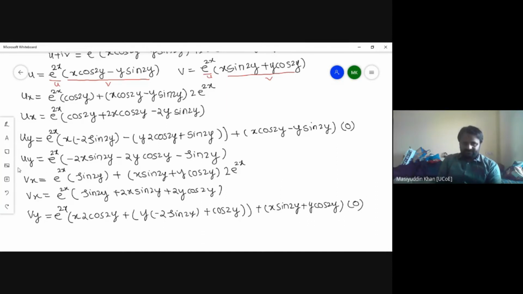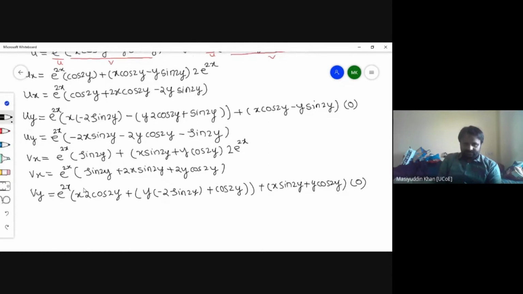So after simplification you will get v with respect to y is equal to e raised to 2x as a common factor, kept this bracket as it is, so 2x cos of 2y minus 2y sine of 2y plus cos of 2y. So we just got u_x, u_y, v_x, v_y.